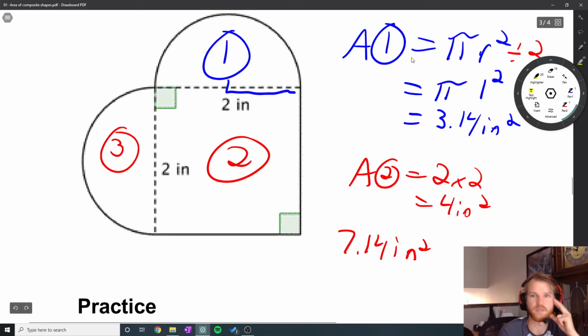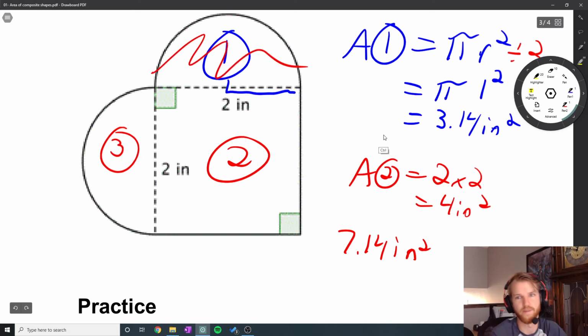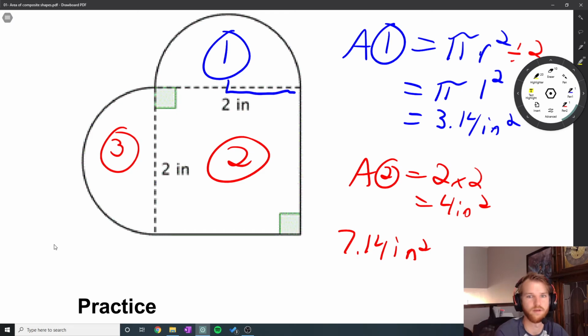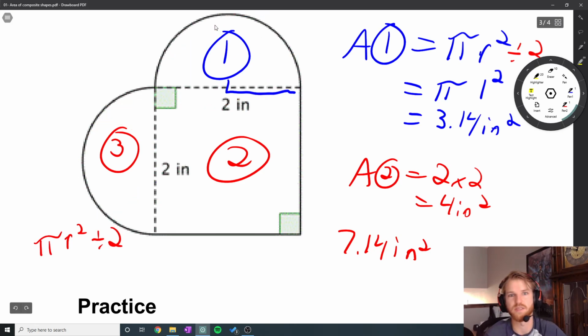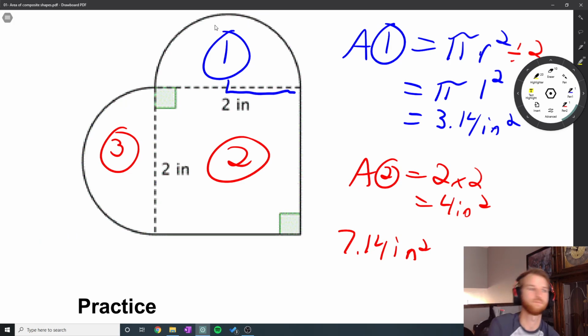I'd find the area of this entire circle and then divide it by 2 to find out this area, and then do the exact same thing over here. I'd say again, for shape 3, pi r squared, and then just divide what I get by 2. Because I'm then adding these 2 halves together, it ends up being the exact same in the end. So it's less work to just combine them into one circle.